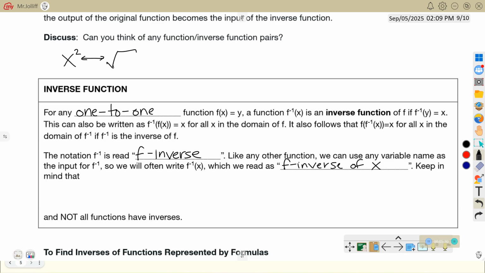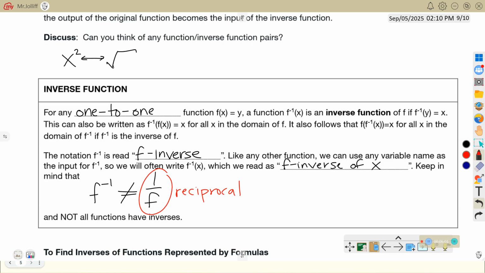And there are two warnings before we do some examples. The first warning is that when I write f inverse of x, the minus 1 does not mean 1 over f. That right there, this thing right here, that's called a reciprocal relationship.